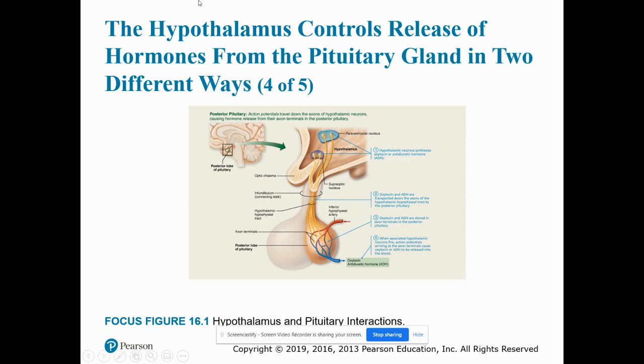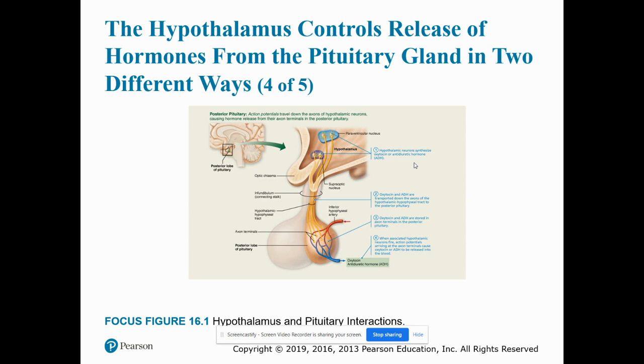So we have up here hypothalamic neurons, and this is a diagram showing the hypothalamus and the pituitary gland. And we have hypothalamic neurons synthesizing either oxytocin or antidiuretic hormone, and that's going to be done up here. Then oxytocin and antidiuretic hormone are going to be transported down the axons of the hypothalamic hypophyseal tract to the posterior pituitary.